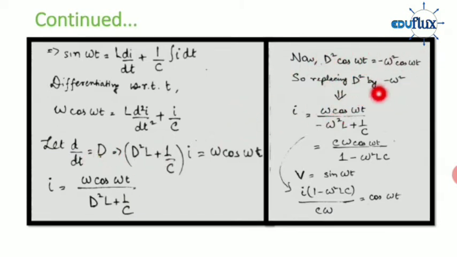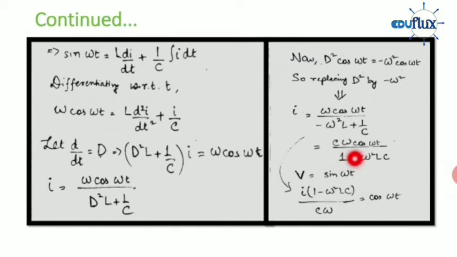So replacing d square by minus omega square, the expression of I becomes omega cos omega t by minus omega square L plus 1 by C. Now rearranging and bringing C to the numerator, I is equal to C omega cos omega t by 1 minus omega square LC. Now V equal to sin omega t, and writing cos omega t in terms of I, I times 1 minus omega square LC by omega C equal to cos omega t.